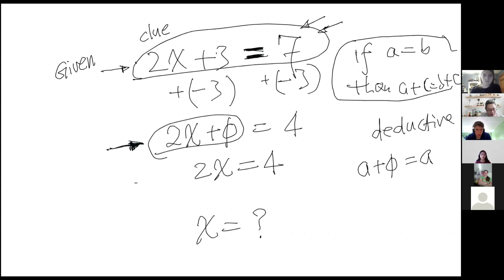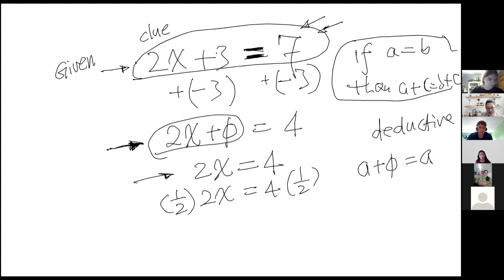Okay, and then we're going to multiply by one half on both sides. What property are we using? Multiplication. Yes, the multiplication property: if A is equal to B, then A times C equals B times C. As long as we use properties, we can solve the problem, and if we violate any of them, we'll get the wrong answer.